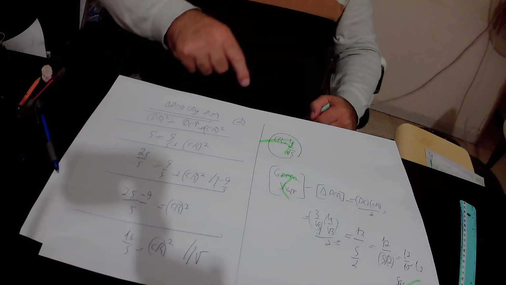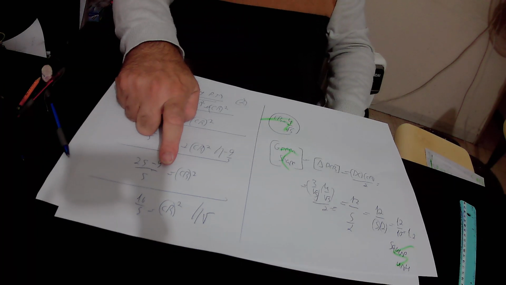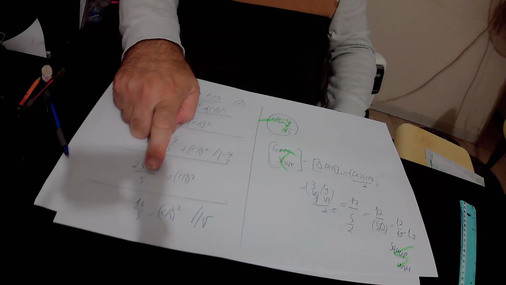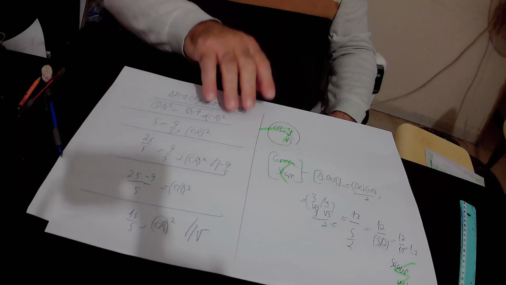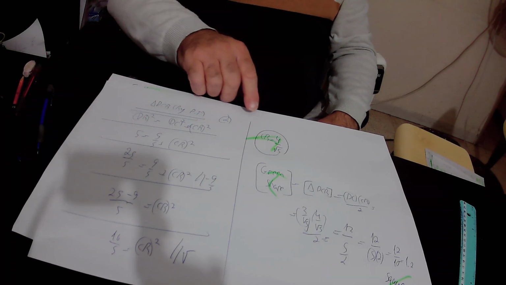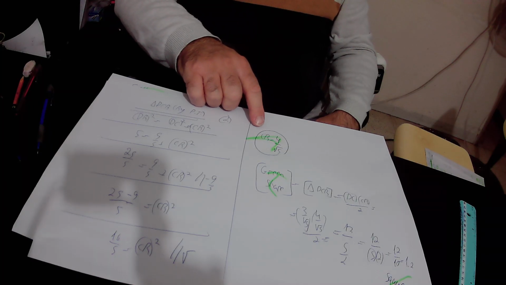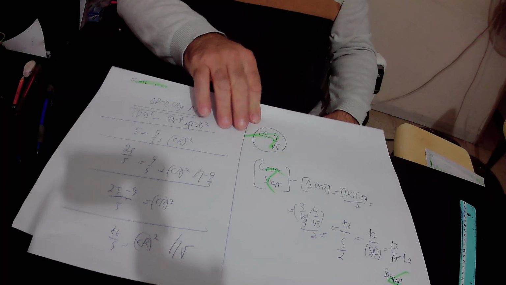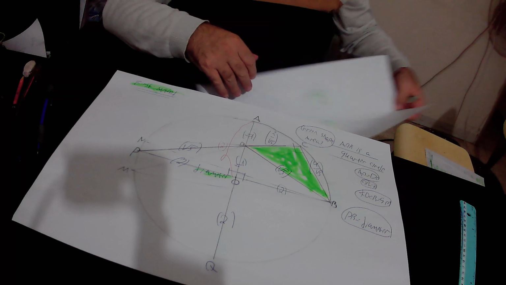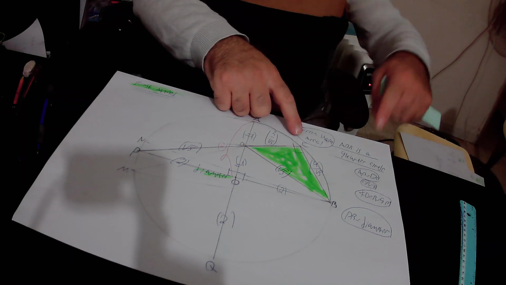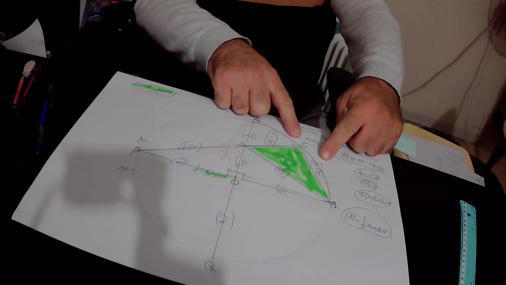Taking the square root, the missing side CB equals the square root of 16 over the square root of 5, that is 4 over the square root of 5 units.